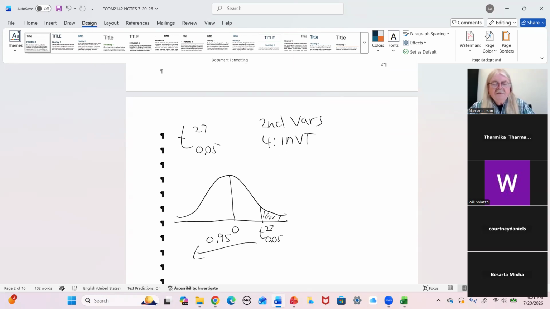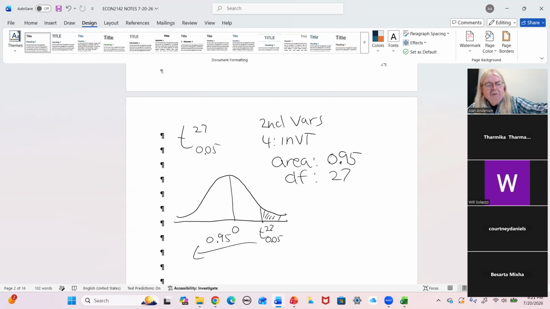So you're going to tell it area 0.95, and degrees of freedom, we're going to call it 27.